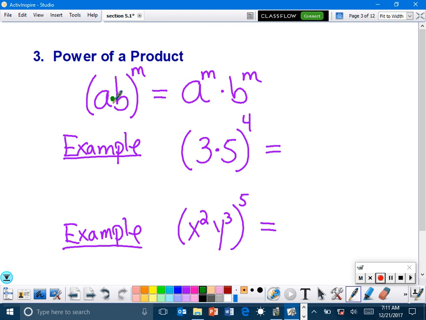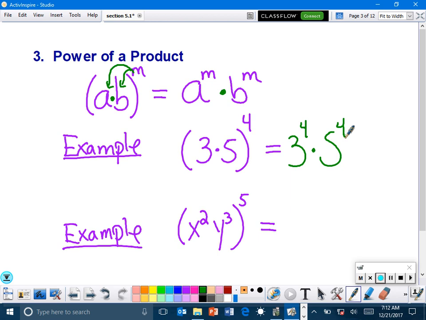So what does that mean? That simply means that this exponent will go to both of those. Again, it has to be a times sign in between. So like this one, 3 times 5 to the 4th, that's the same as 3 to the 4th power times 5 to the 4th power.